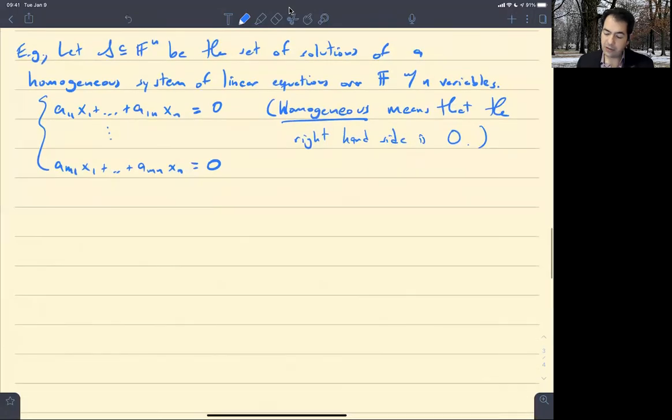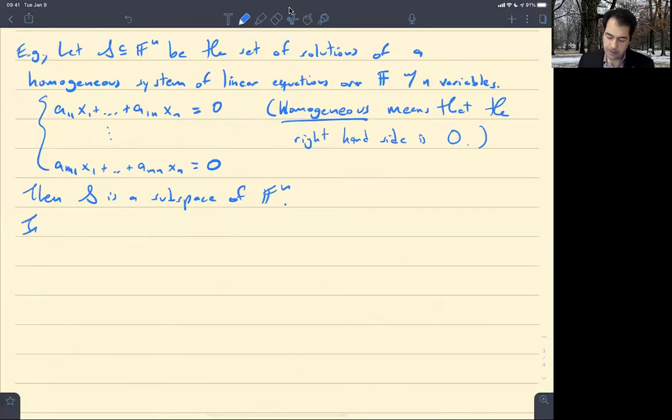Okay, so let S be the set of solutions of a homogeneous system of linear equations over F. Then S is a subspace of F^n. Okay, so let's check this.